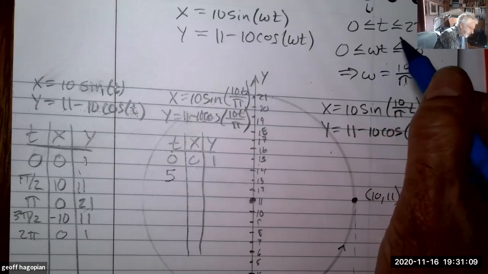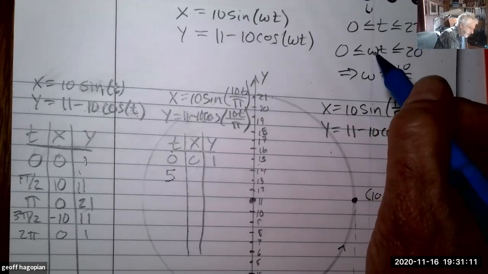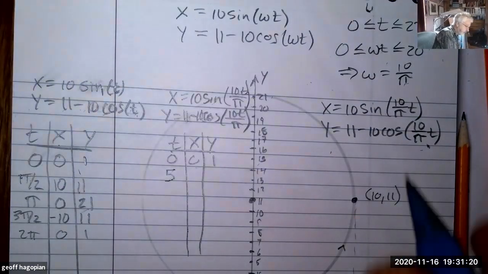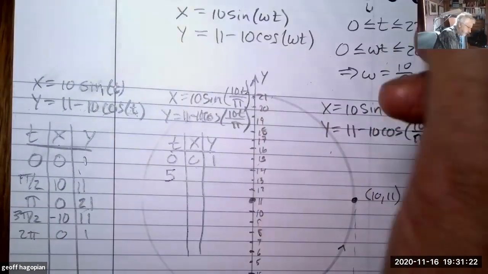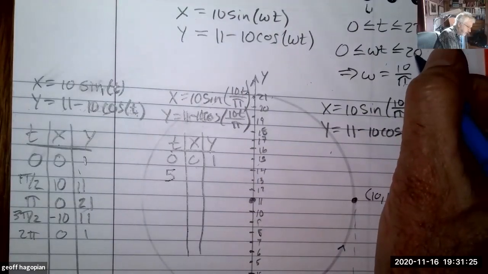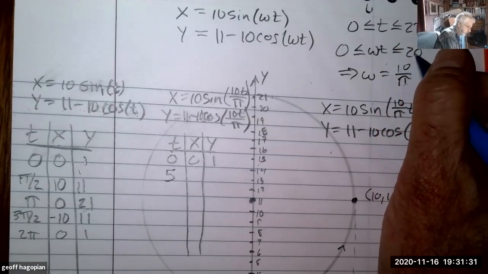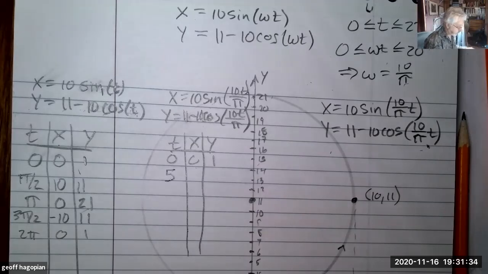Okay, so we want to choose omega so that omega t equals 20 when t is 2 pi. So that's going to be pi over 10. I just have the reciprocal, don't I?